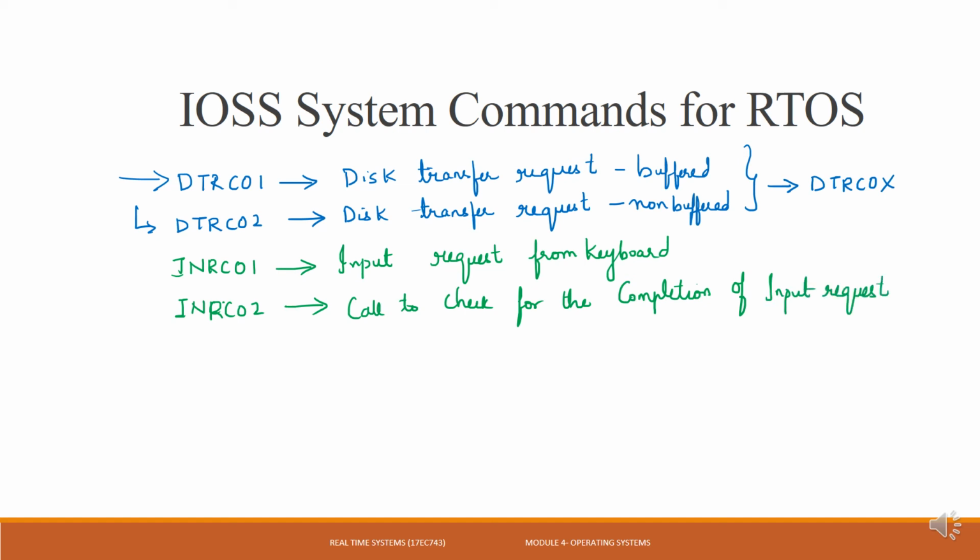So like this we have some more commands, that is all about INR. Next OUC C01. So what does this mean? It is nothing but a command to check the status of the devices.